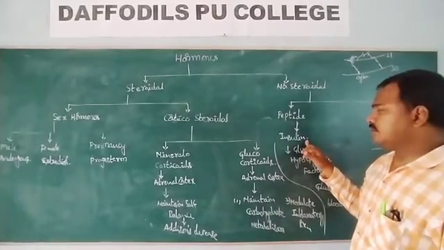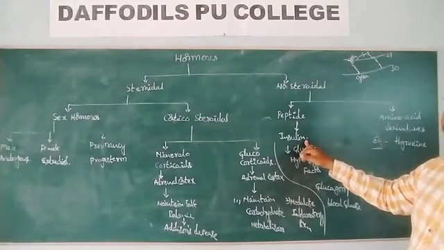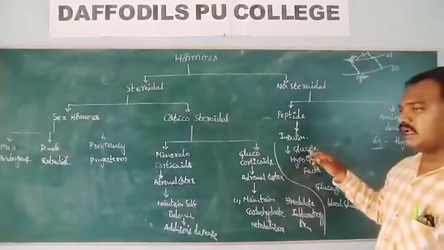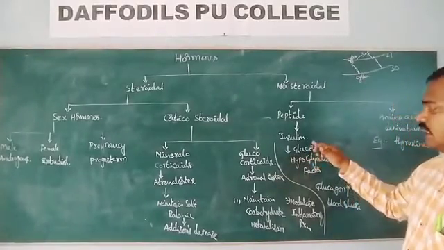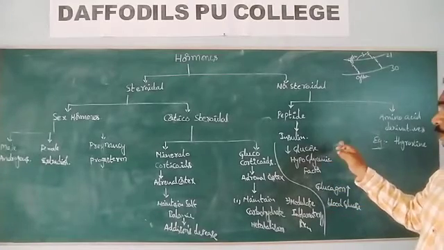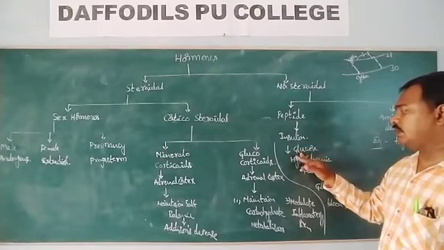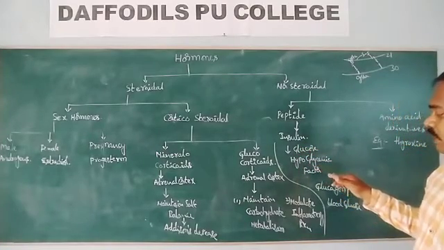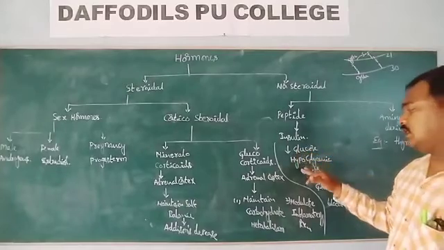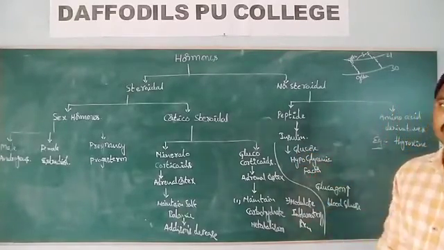Insulin is secreted by the islet cells present in the pancreas. This insulin maintains the glucose levels in our body. It decreases the glucose levels, hence it is known as a hypoglycemic factor.